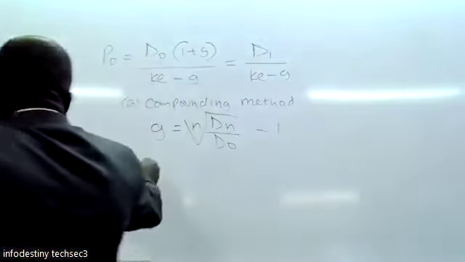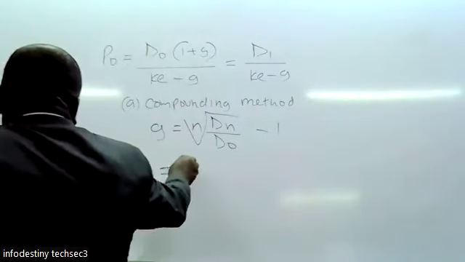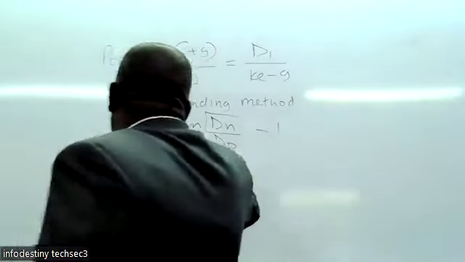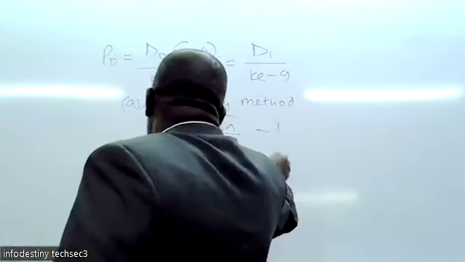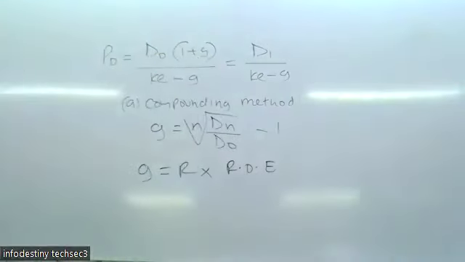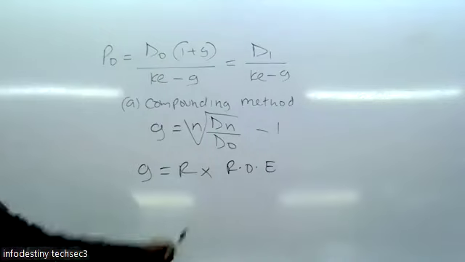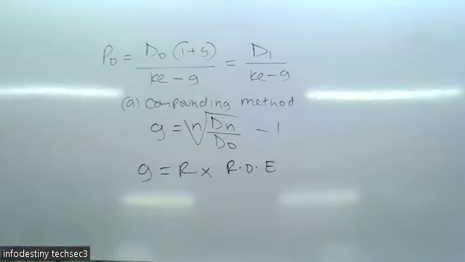So G will be equal to R multiplied by the other one, which is return on equity. First you write the formula, then I will explain what each one of them stands for.